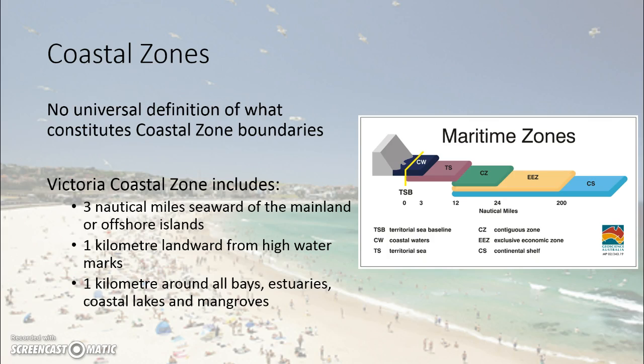And as well, when you're into bays and estuaries of rivers, it includes 1 kilometer around that area as well. So for instance, in a place like Melbourne that is on a bay, it would include 1 kilometer back around the bay. So the central business district of Melbourne is essentially within the coastal zone of Victoria.